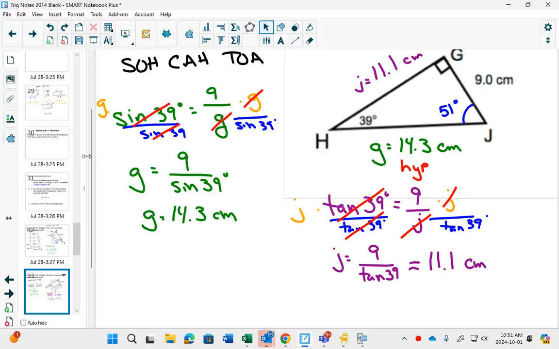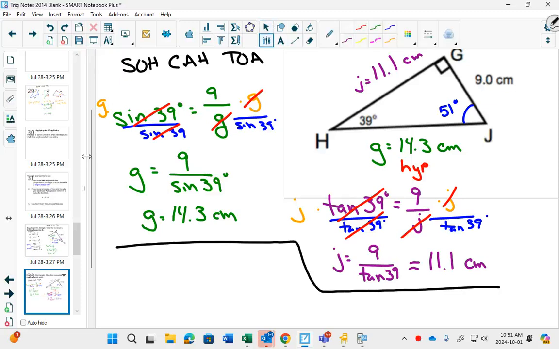Just for fun, I'm curious if I use a squared plus b squared, so you don't have to write this down, so we're done. But if I did use a squared plus b squared equals c squared to find J, first of all, this time we know the hypotenuse. That's 14.3. But there I'm using the rounded value.